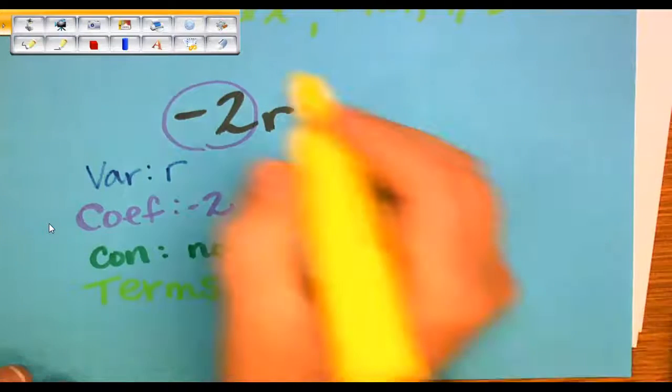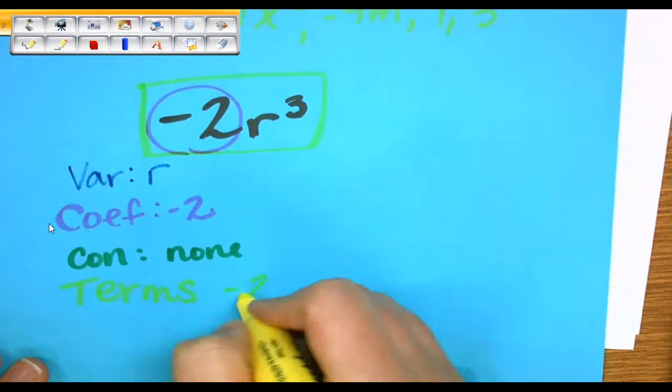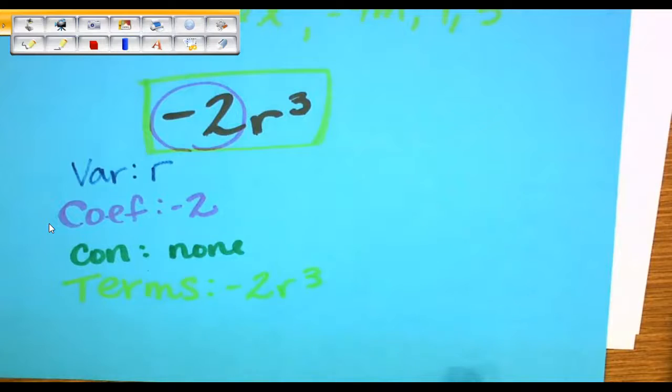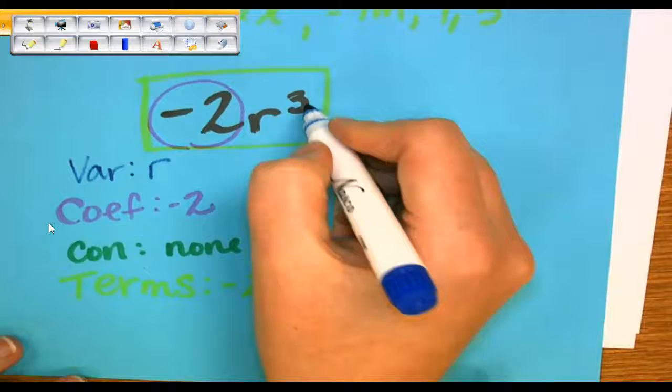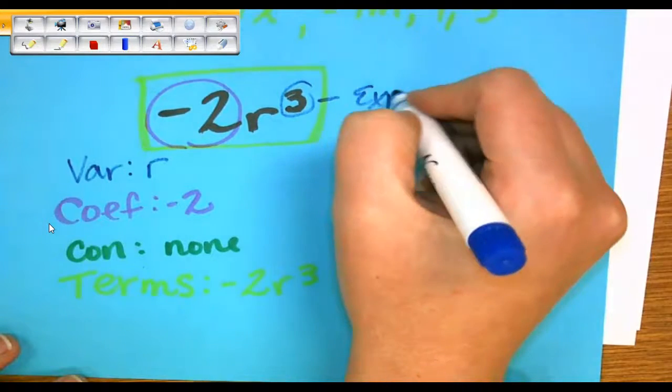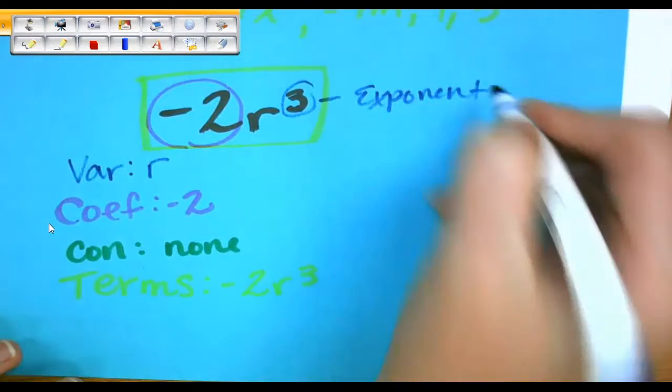I just have one term in this expression. It is the whole thing, -2r cubed. Remember, when we're doing terms, we're putting the whole thing together. And again, I do have this number, that number is, again, an exponent.